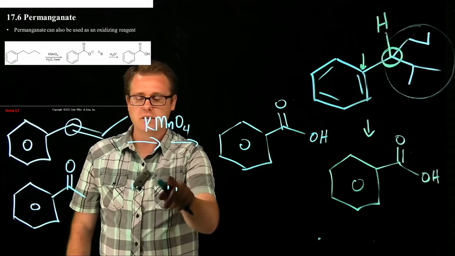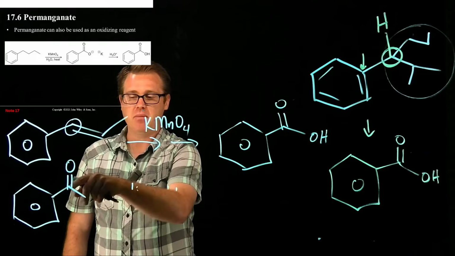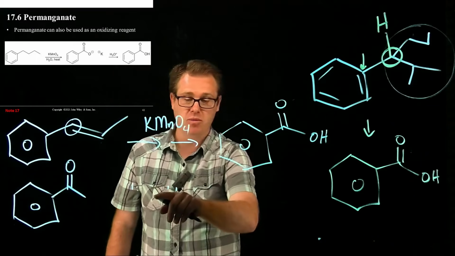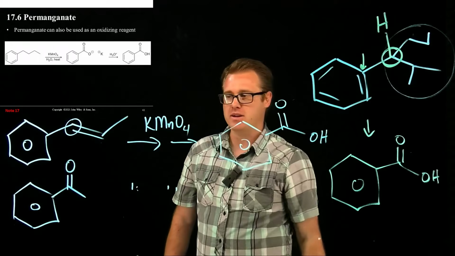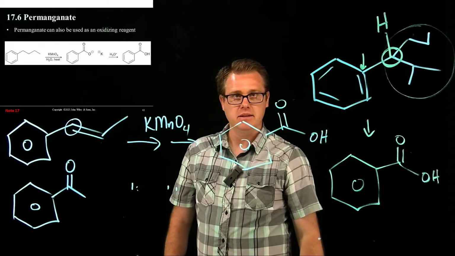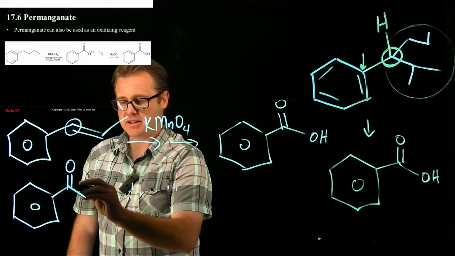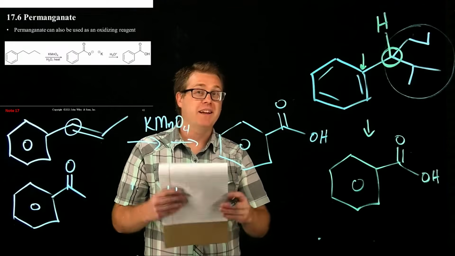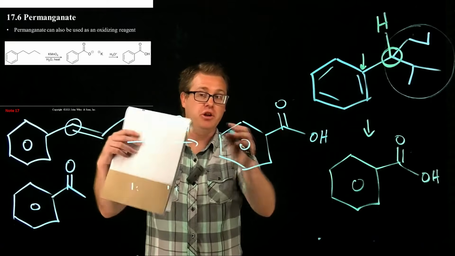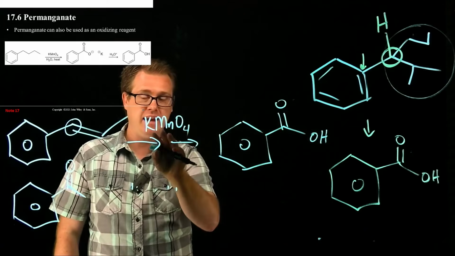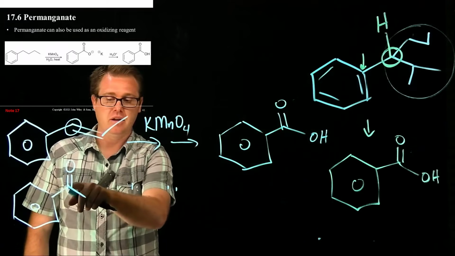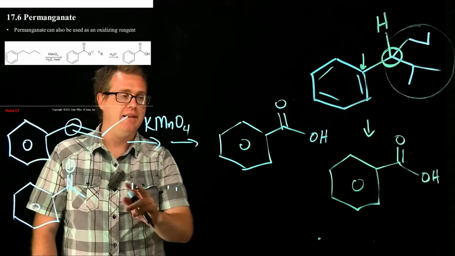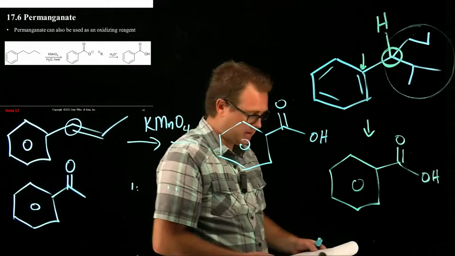What's the rule? Does it have pi bonds? So that does, in fact, react with permanganate to turn into the carboxylic acid. Do you see how this carbon right here doesn't have any hydrogens? I'm expanding the rule. When you use potassium permanganate, it either needs a hydrogen or pi bonds, and that will react. All right?